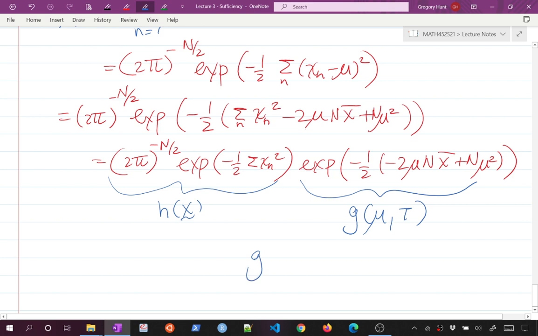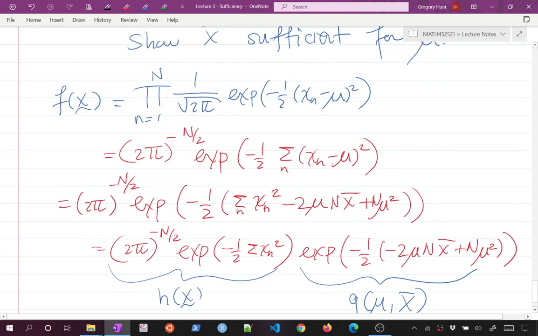So g of mu, t is, and at x bar, I put little t, plus n mu squared, right? So if I do this, I can replace t with x bar if it makes you happier.